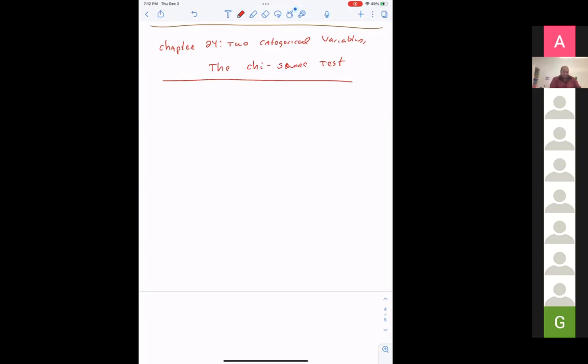And if you do stat tests, you have your z-test, your t-test, your intervals, your z-interval, your t-interval, your prop interval. And then afterwards, we have the chi-square test and the chi-squared GOF test. We're going to be using both of those for this chapter. This chapter is about the chi-square test.